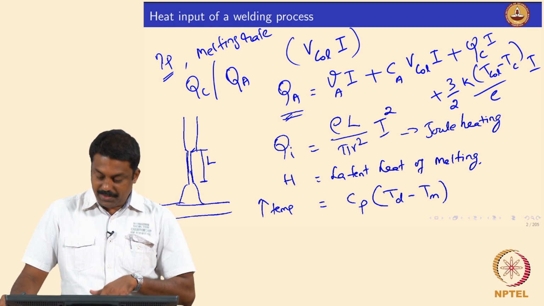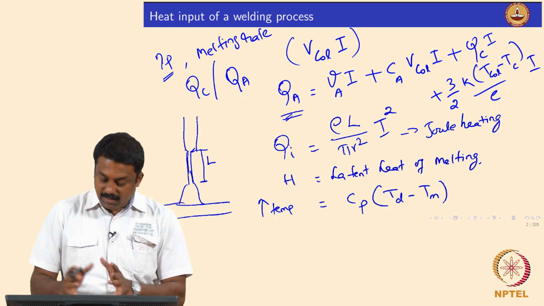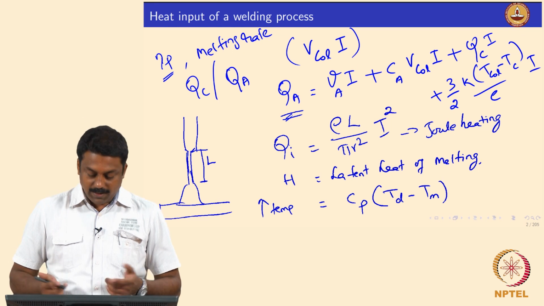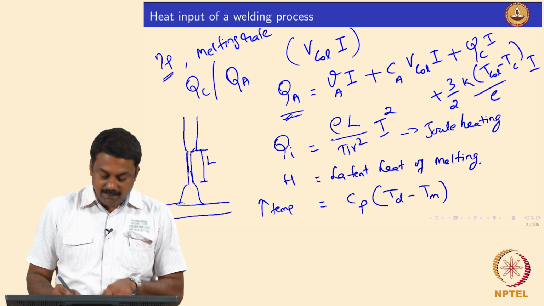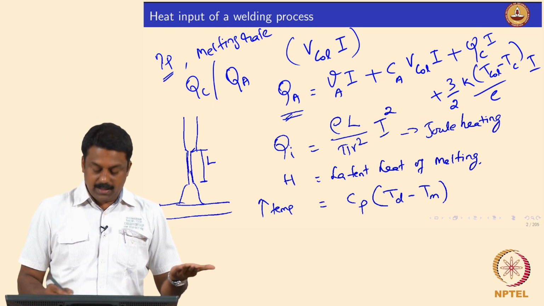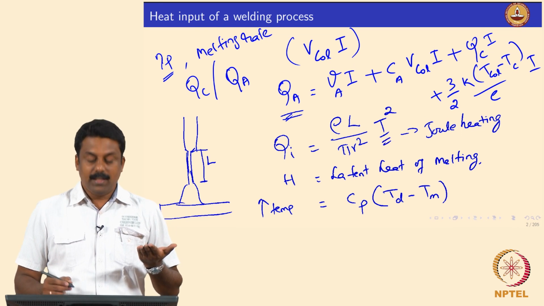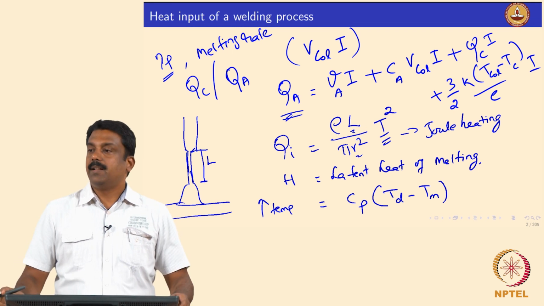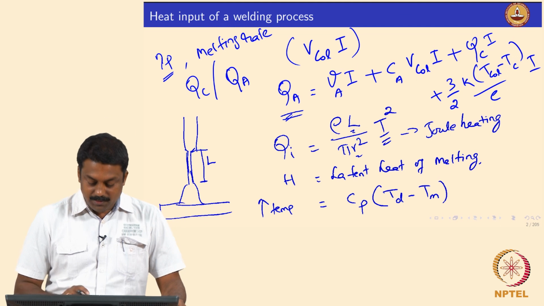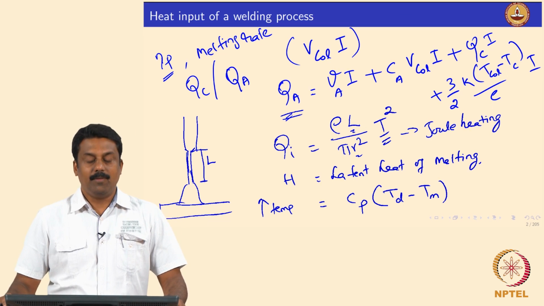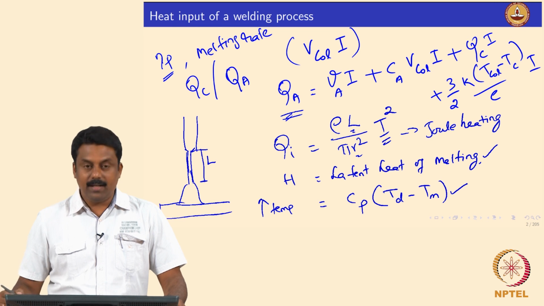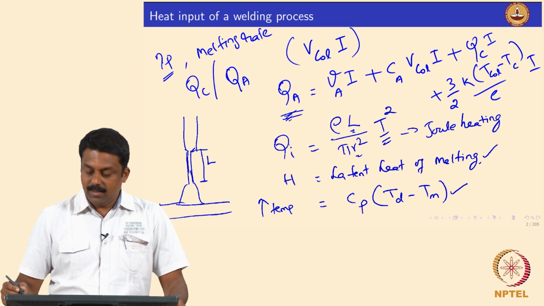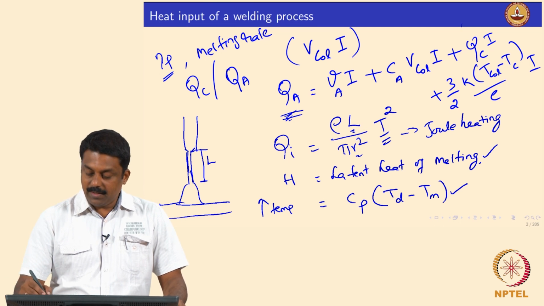So in these four terms, most of them are material specific and process specific. That is why we looked at it. For example, in this case, the only variables we can vary independently with respect to a material are the current and the stick out length. For a given diameter of the wire, these two, L and I squared, you can vary. This is a material function, again this is a material function, isn't it? And in this Q_A term, this is a material function too.